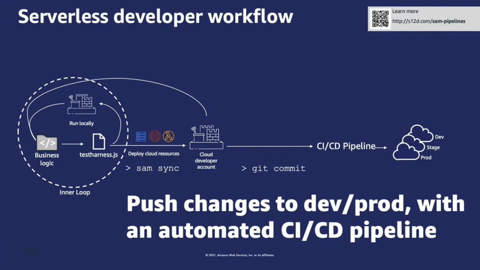What I would then do is once I've finished building out a feature and I've tested it to a certain point, I might use a CI/CD pipeline to then push that change out to my development account or my staging account or my production account, which might be shared with other developers at that point.